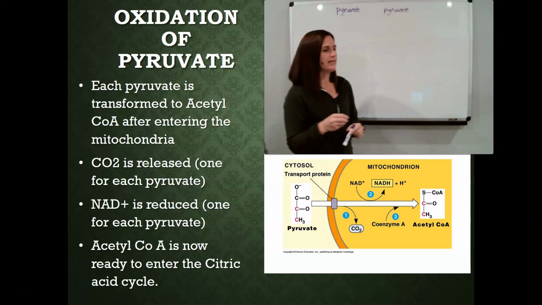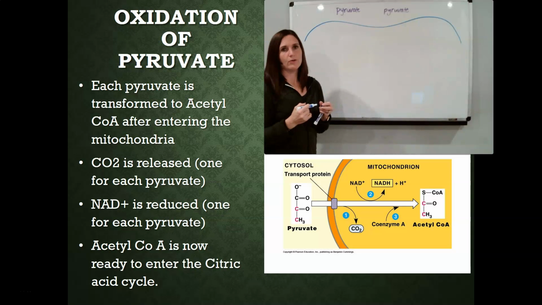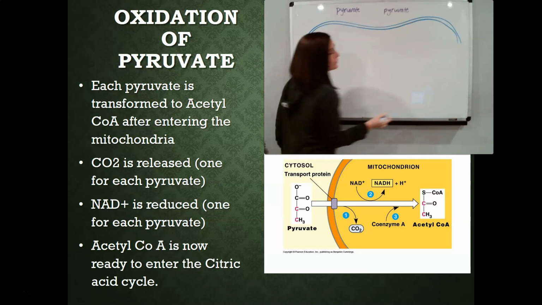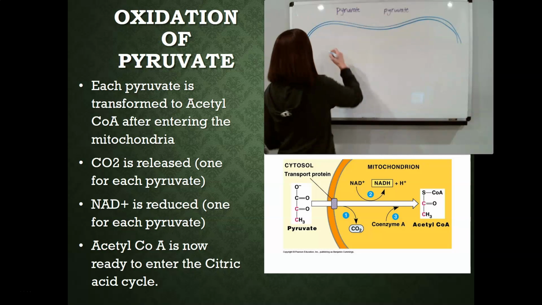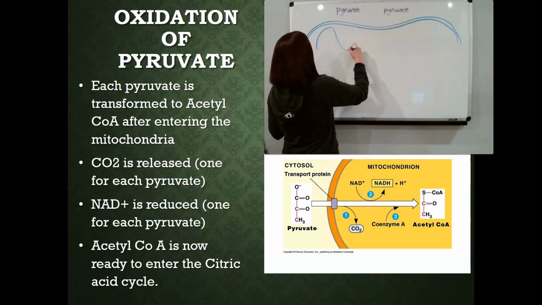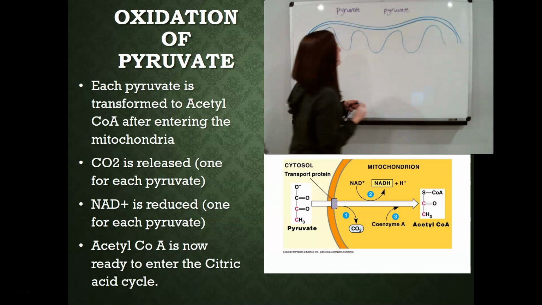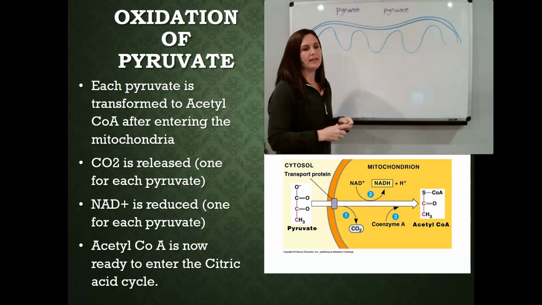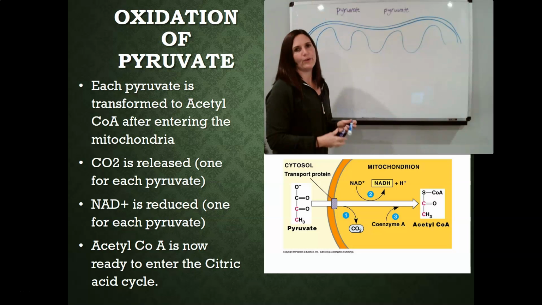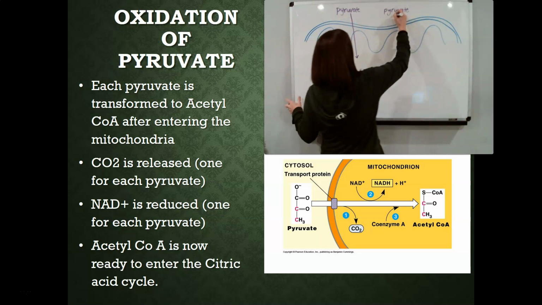So each pyruvate is now going to move into the mitochondria. So this is the phospholipid bilayer of the mitochondria. And then inside, we have the cristae membrane of the mitochondria. And the pyruvate needs to come all the way in. So it's going to come into the mitochondria.